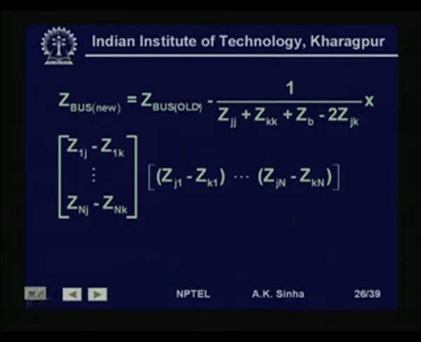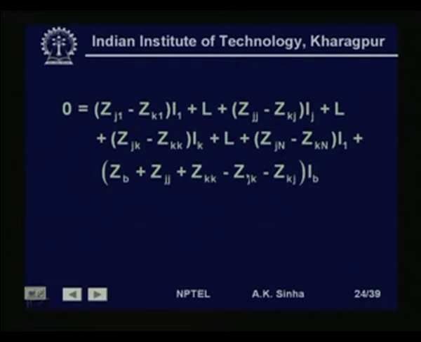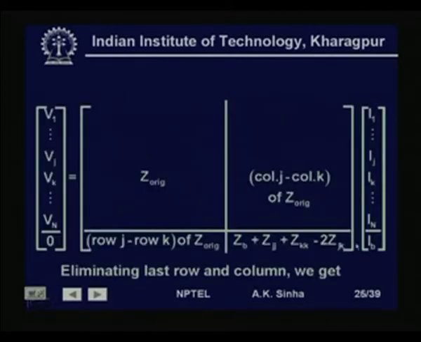So if we do that, then the new Z bus matrix will be equal to the old Z bus matrix minus 1 by this term, ZJJ plus ZKK plus ZB minus 2ZJK. We are writing it like this because ZJK and ZKJ are equal, therefore this minus 2ZJK is coming here.